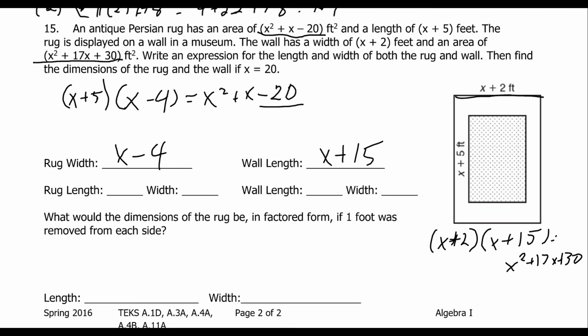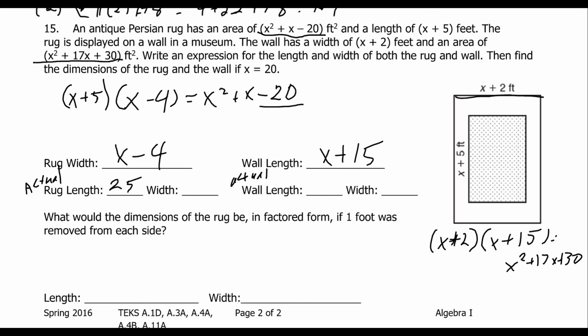All right. Now it says that the rug length and the width, what we need to do is plug in the 20 for these. This is wondering about the actual wall length and the actual wall width. So the length, if we remember, the length of this is supposed to be x plus 5. So that means that we need to take 20 and add 5 to it, so that's going to be 25.